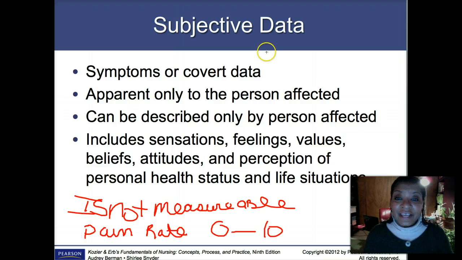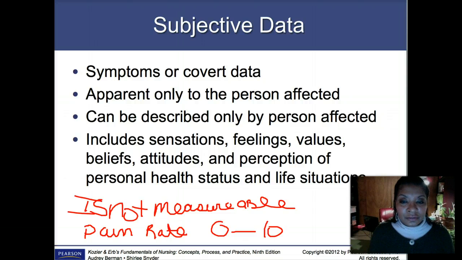So subjective data is not measurable. It's apparent only to the person that's affected. It can be described by that patient. I can't tell you how you're feeling, right? You can't tell someone how they're feeling. And it includes sensations, feelings, values, beliefs, attitudes, and personal health status and life situations.